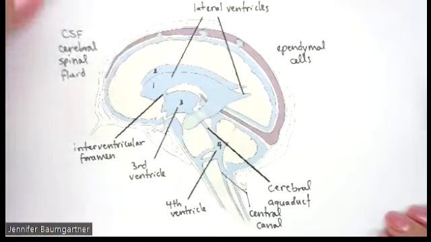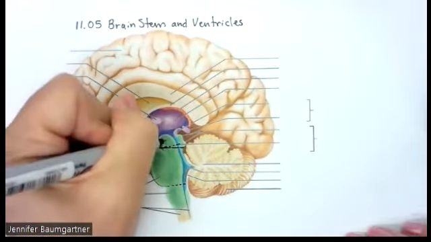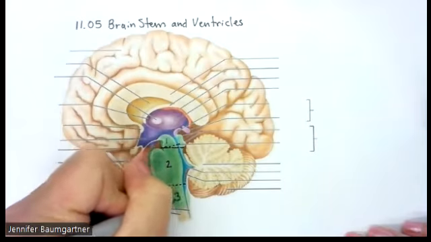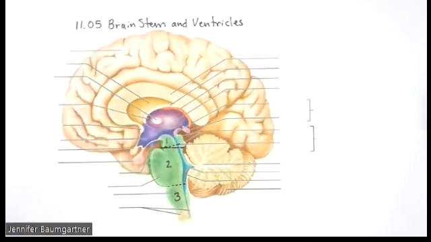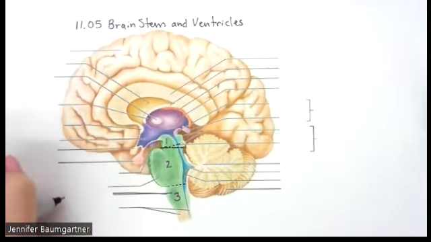All right, let's go back to the brainstem now. So we have region number 1, region number 2, and region number 3. And let's start at the bottom and work our way up. So region number 3 is the medulla oblongata.